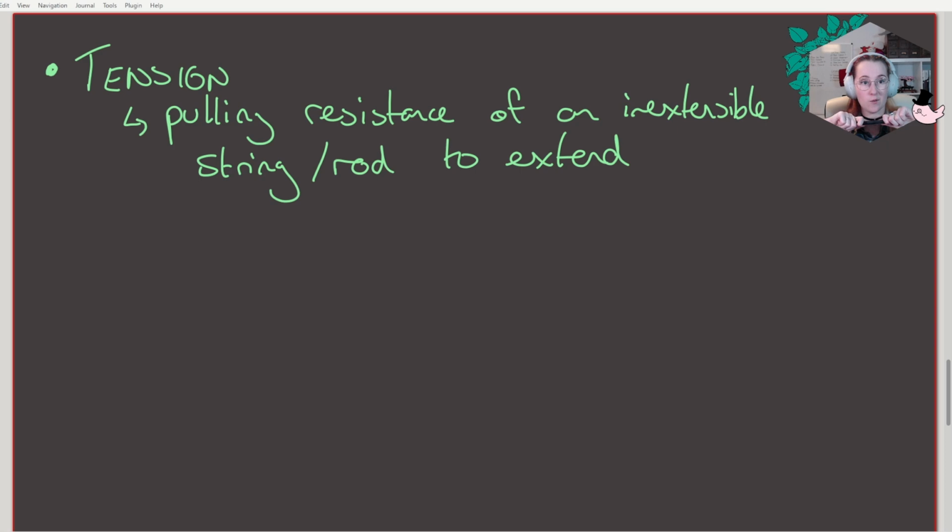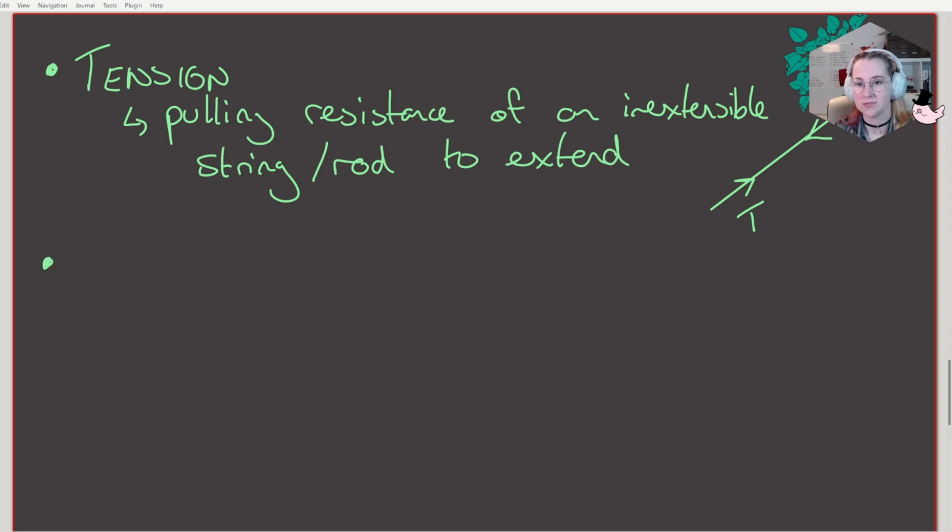So again, if I'm pulling in one direction, the tension is working opposite to me, and it's always going to be moving inwards, towards the center of, say, a string. If you're hanging something from a string or pulling something with a rope, the tension in the rope is constant throughout, but at the point of contact it is going to be moving away from it.